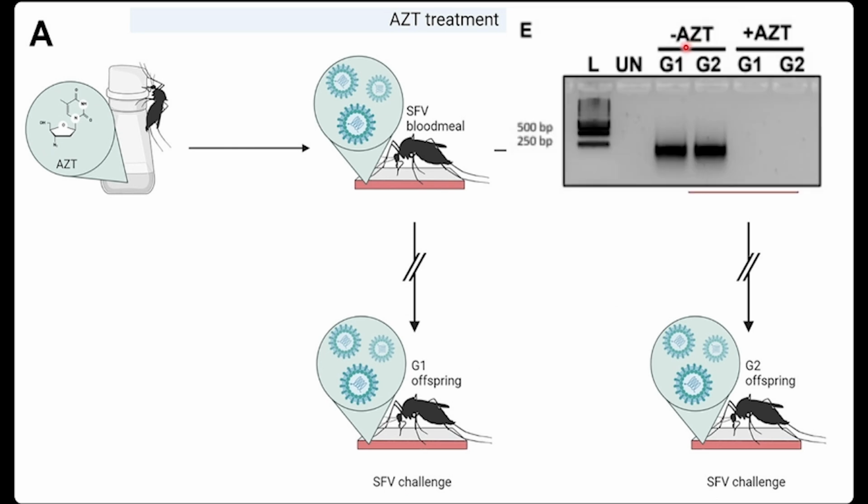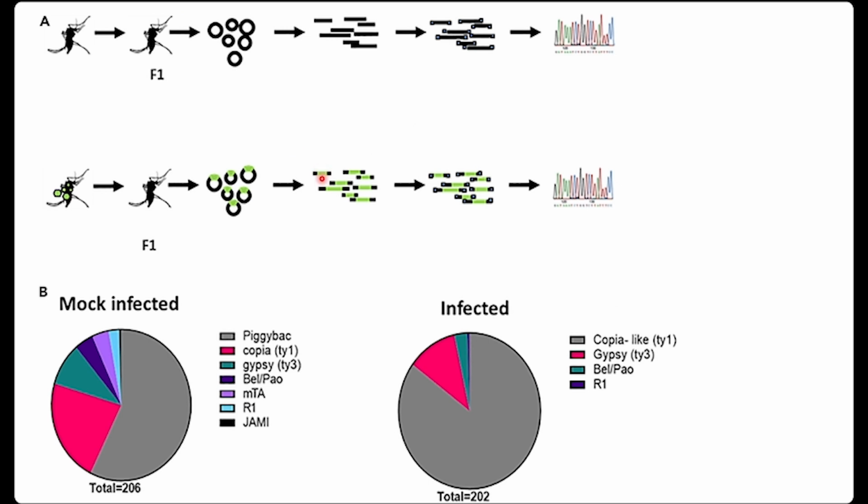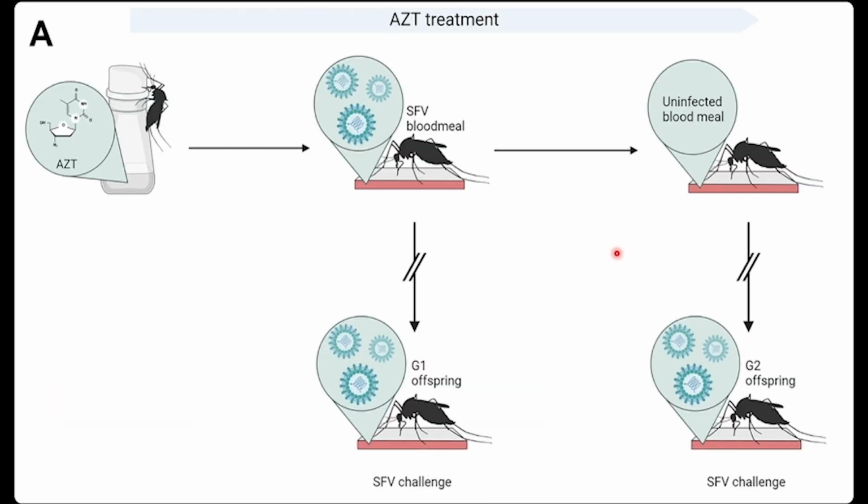So AZT minus, they have these. This is a qPCR, well, really just a PCR, but they're using it to measure the pieces of SFV from the slides a couple behind. They're actually taking these pieces and checking them against the genome.